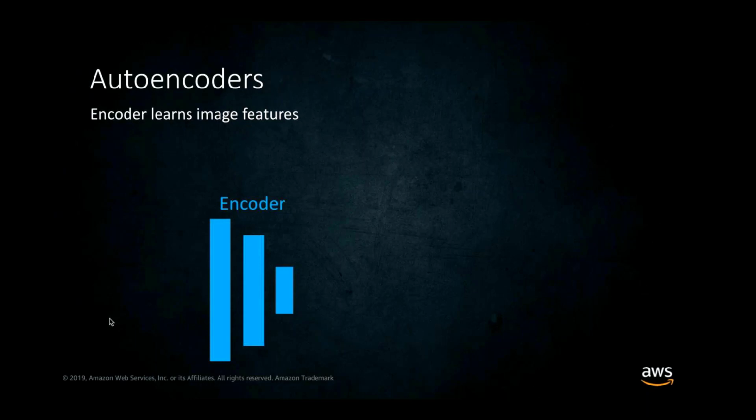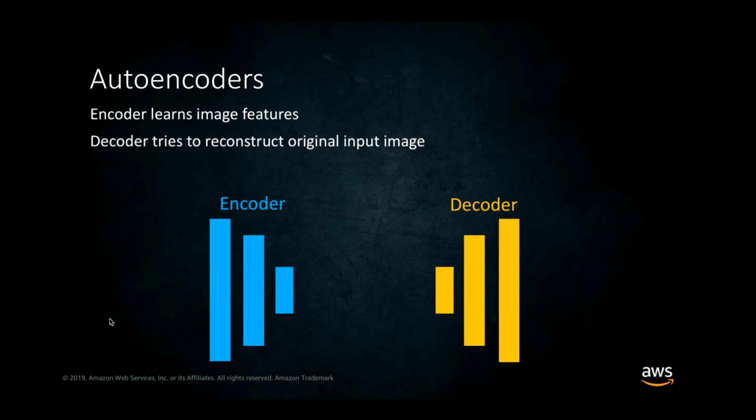The second part in the autoencoder is the decoder. The decoder takes the output of the encoder and it tries to reconstruct what the original input was. And that may sound kind of trivial, because what the autoencoder in the end does is trying to learn an identity function. That means we try to reconstruct on the decoder side the input into the encoder.